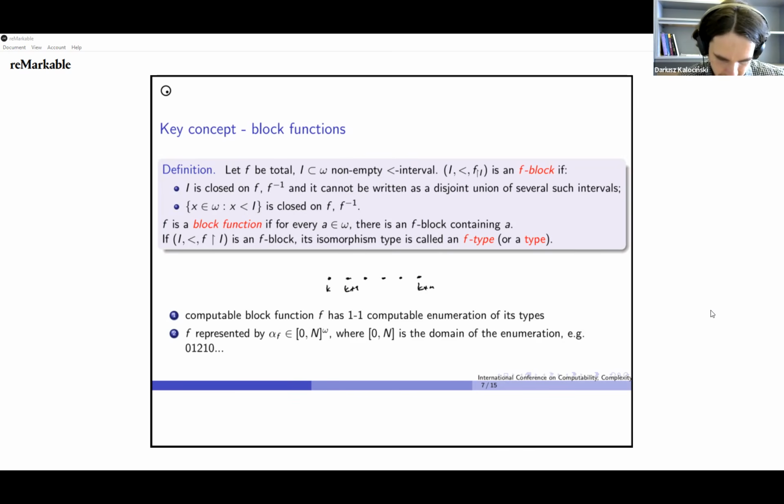We call this finite structure an f block if this interval I is closed under f and f^-1, so the function acts only within this interval, right?